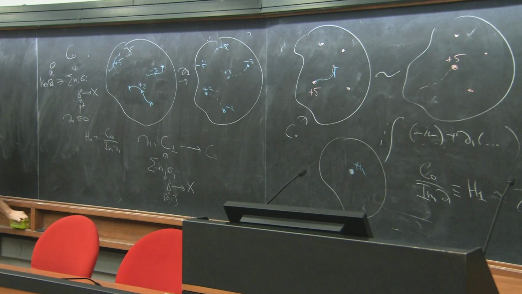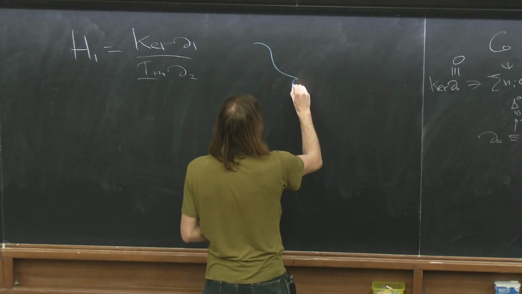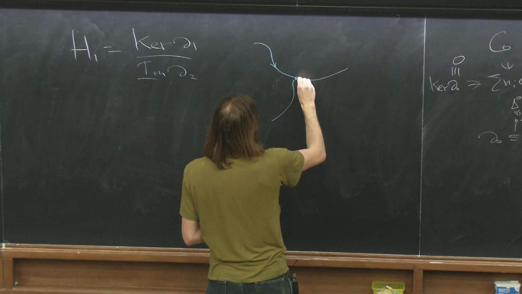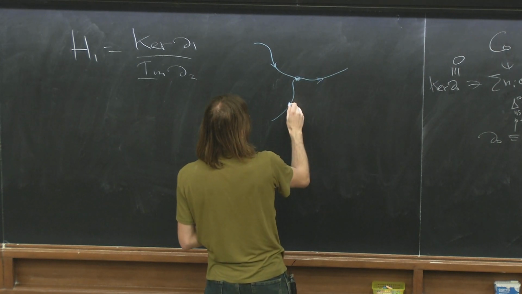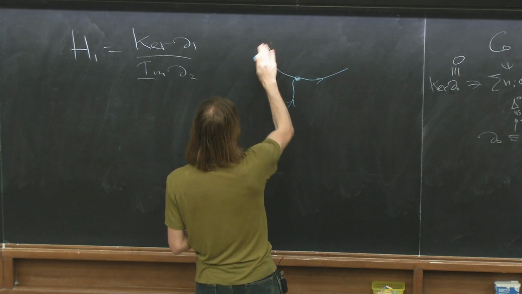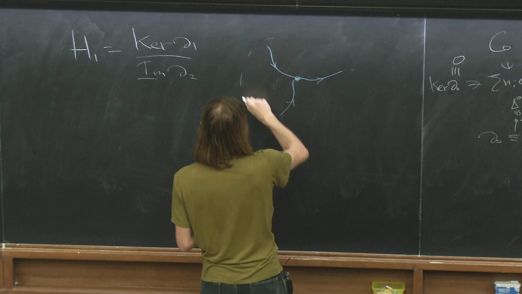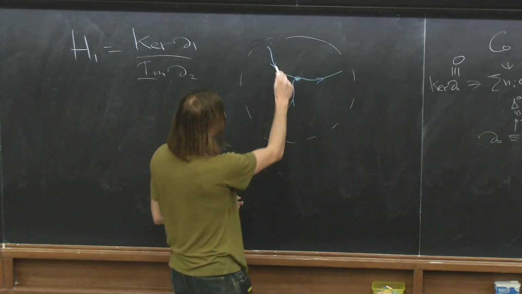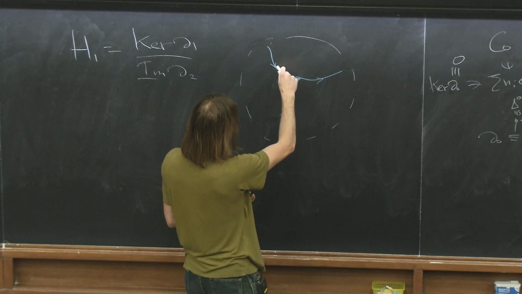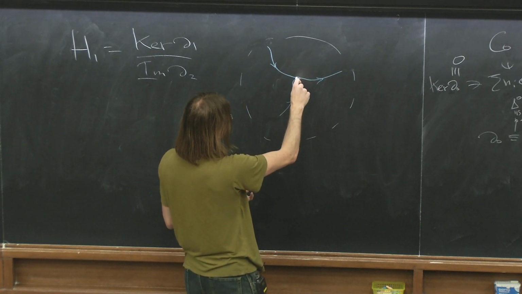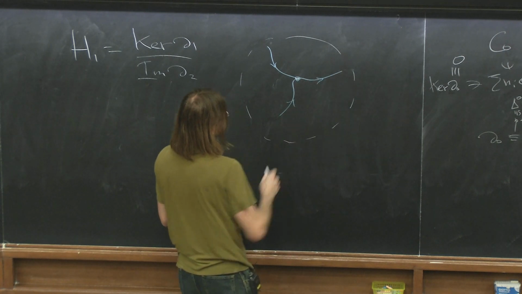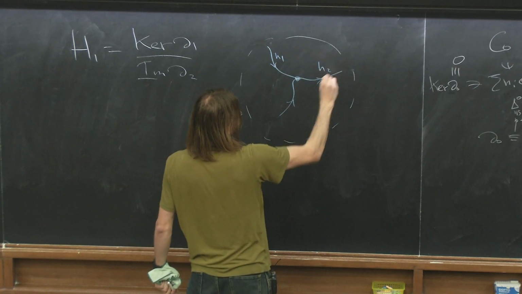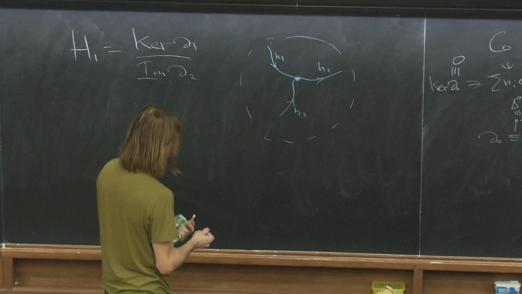So you can have something like, well, if I locally have a picture something like this, 3 paths. So for a pair of paths, the terminal point is this same point, this is also the initial point of some third path, and they come with some weights, let's say n1, n2, and n3.